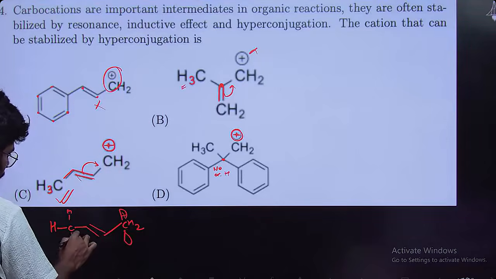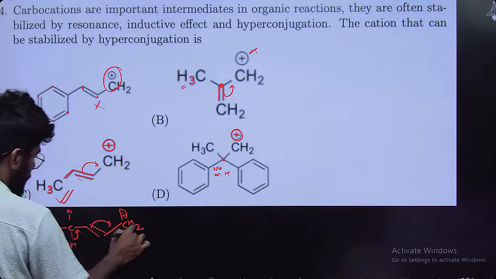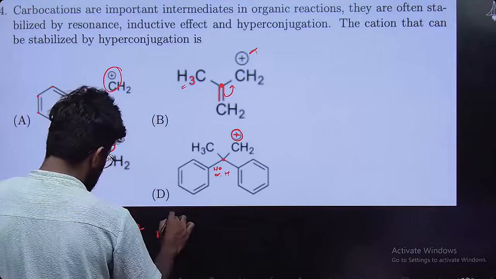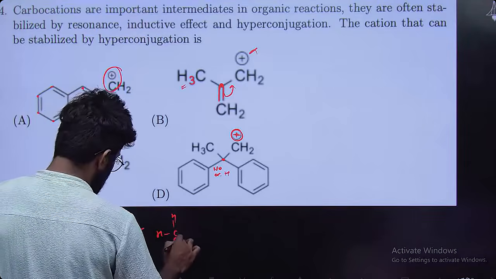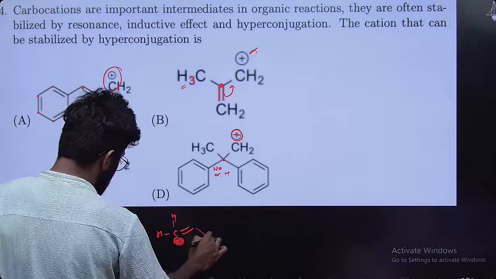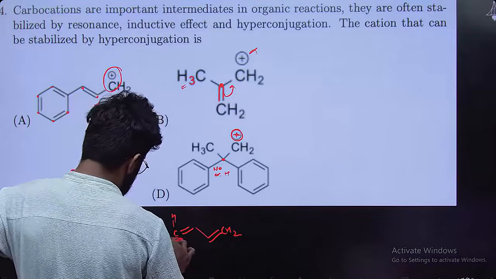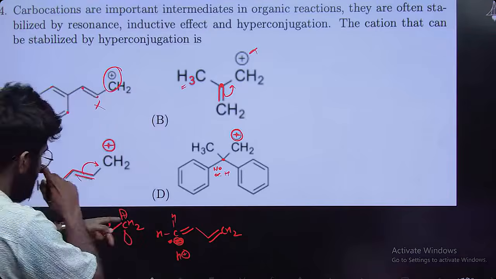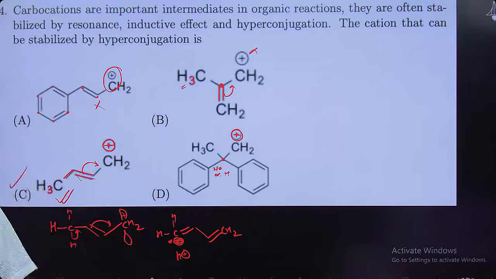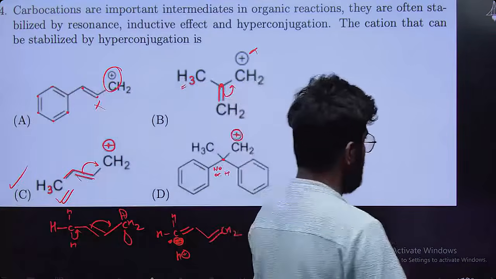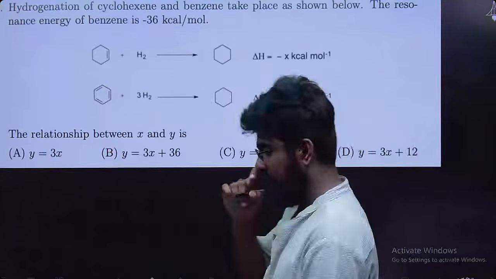What happens is that it gives the electron, and it goes here. So this is hyperconjugation, right? Technically you get a double bond here and a double bond here also, and you have an H plus at the periphery. So this is the hyperconjugation stabilization ultimately. So C can be the best option out of it, that will be stabilized by hyperconjugation.